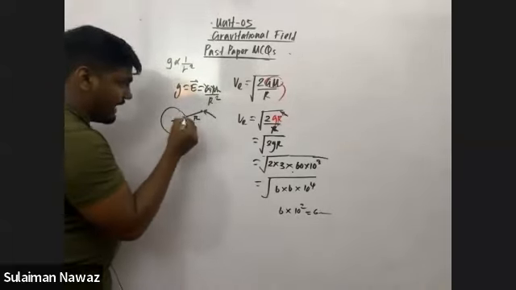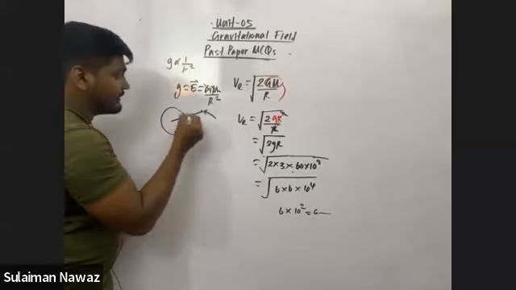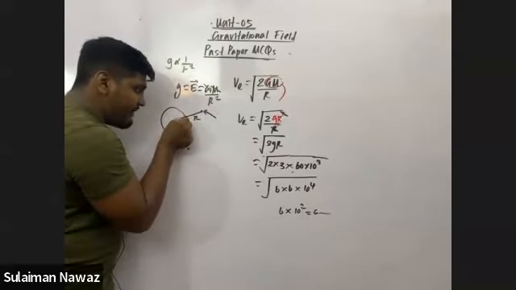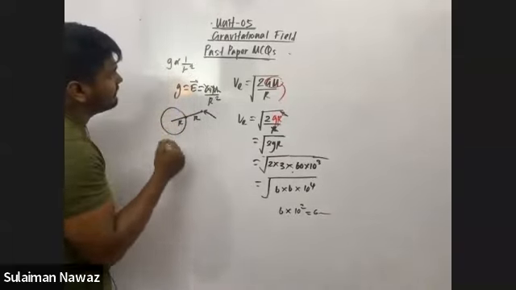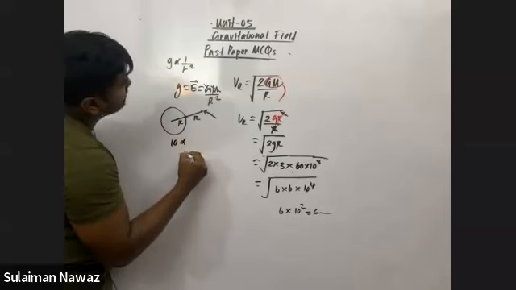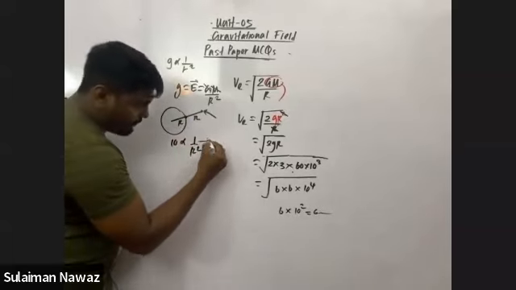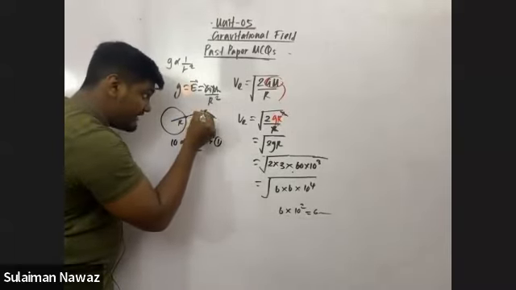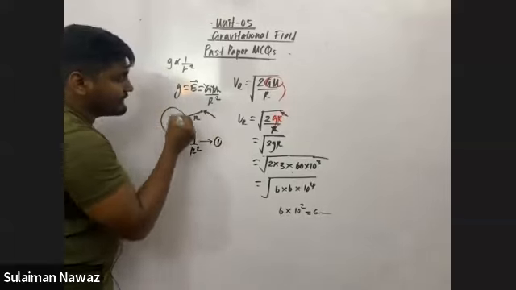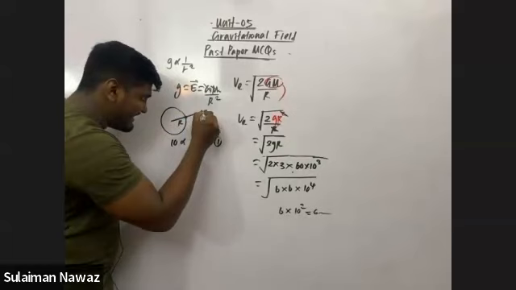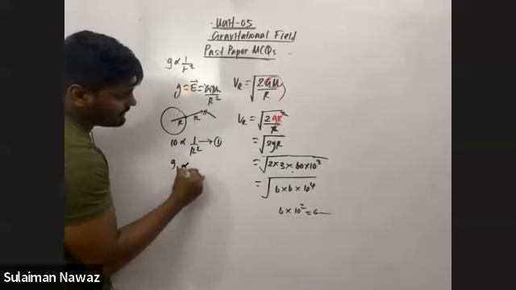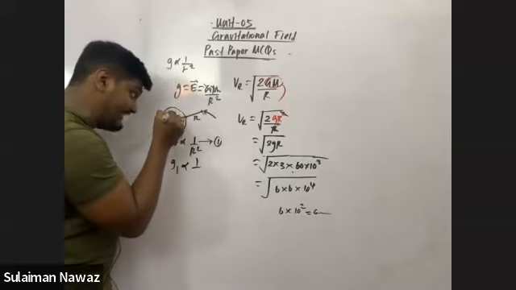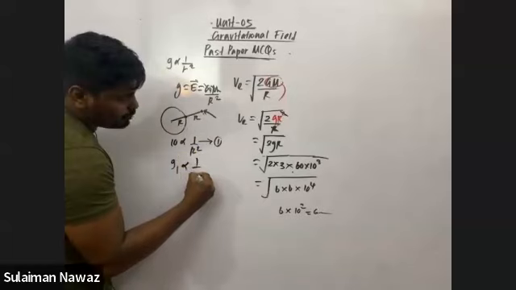If you apply this proportionality to a point on the surface of the Earth, 10 is proportional to 1 over capital R squared. Proportionality 1. But you need to find the gravitational acceleration at a point which is capital R distance from the Earth. I say that gravitational acceleration is g dash, or g1. g1 is proportional to 1 over (the distance from the center of the Earth, which is 2 capital R) whole squared.